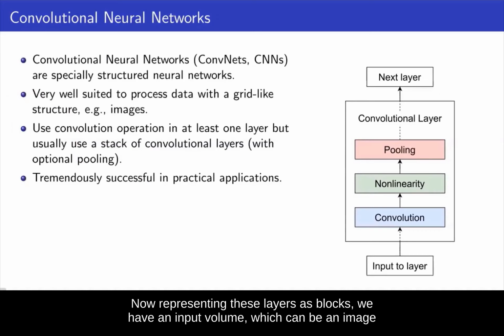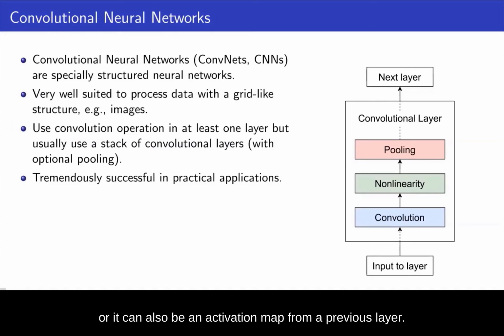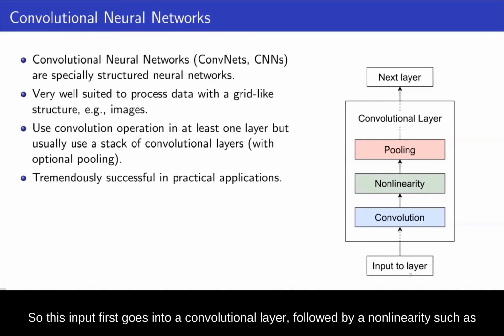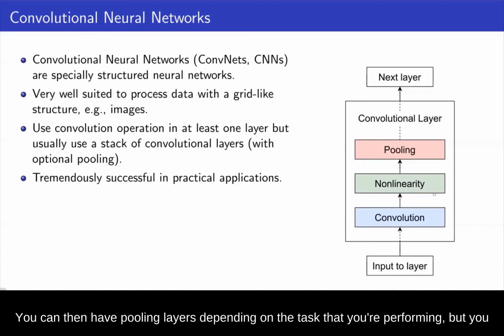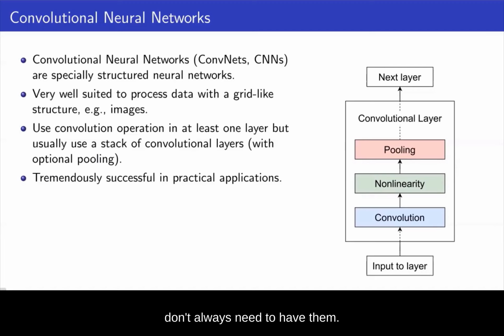Now, representing these layers as blocks, we have an input volume, which can be an image, or it can also be an activation map from a previous layer. So this input first goes into a convolutional layer, followed by a nonlinearity such as a ReLU. You can then have pooling layers depending on the task that you're performing, but you don't always need to have them.